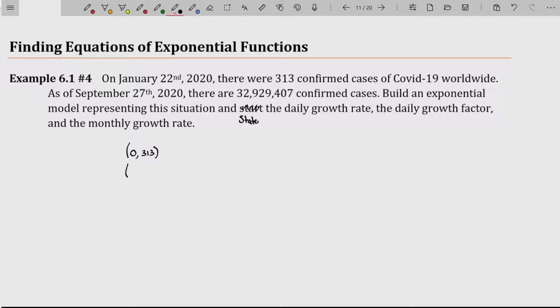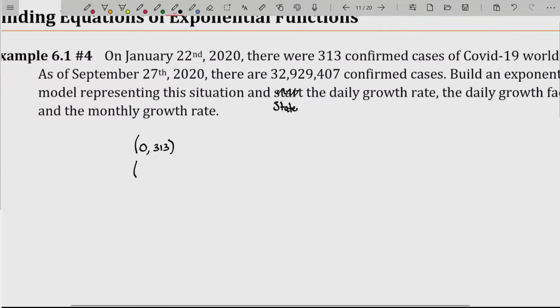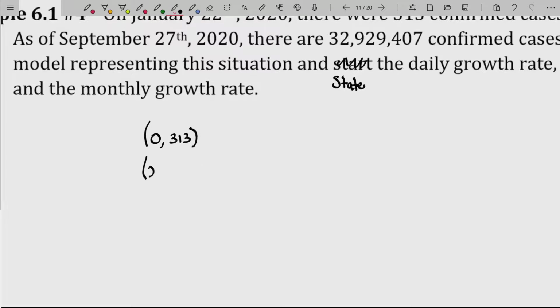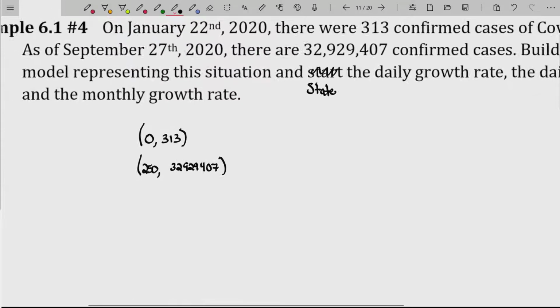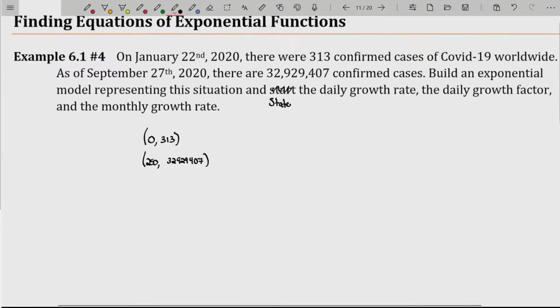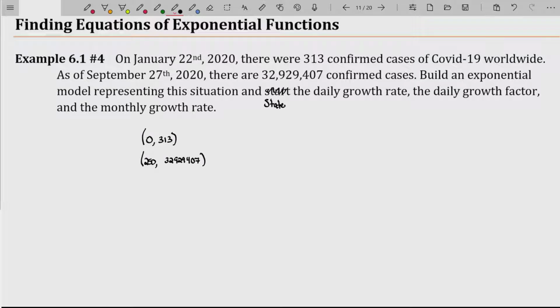We just need to know how many days are between January 22nd and September 27th. And a quick computation yields 250 days. So the 250 days have passed since January 22nd, and now we're at 32,929,407 cases worldwide. And now the question is, build an exponential model representing this situation.